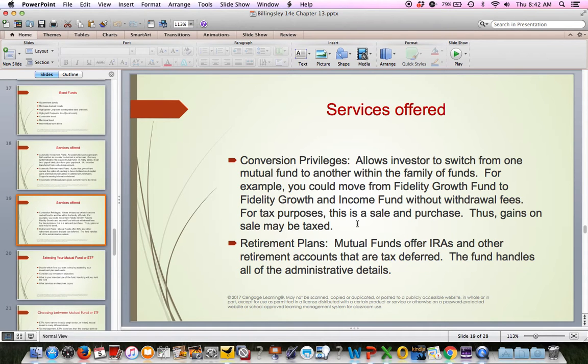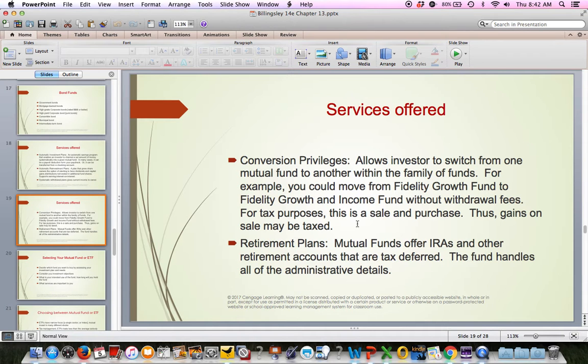Conversion allows you to switch from one mutual fund to another within the same company. For example, we're using Fidelity here, which is one of the largest in the nation. Most of these companies will let you transfer money from one fund to another within their family of funds without withdrawal fees.